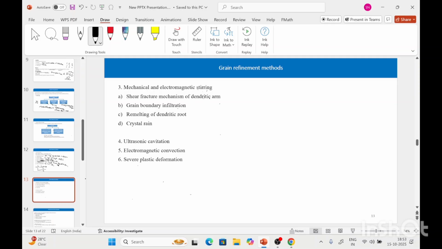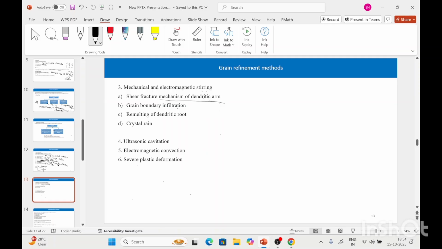First is the shear mechanism of dendritic arm. During the stirring, the dendritic arms will break by the shear mechanism, and those broken dendritic arms provide the heterogeneous nucleation sites. Then grain boundary infiltration.